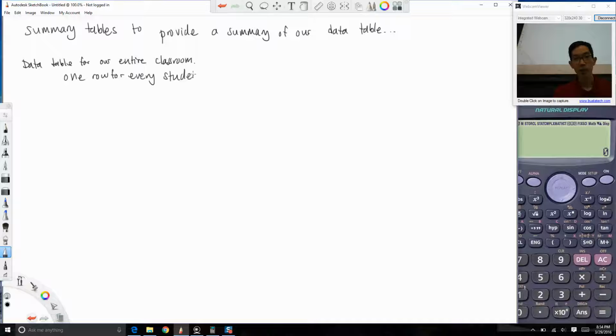Approximately how many rows would we have? Approximately 80. We could gather all sorts of information: your name, your age, your gender. Now somebody might not want to look at a big table with 80 rows in it. They might just want a summary. So we could create a summary table for gender.